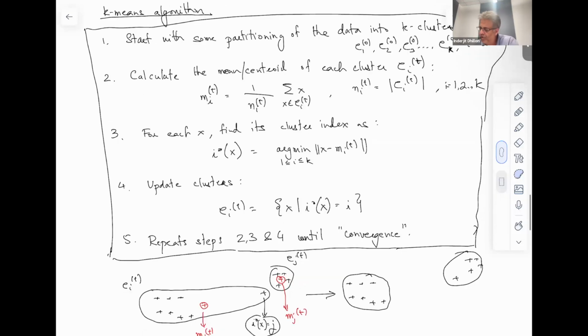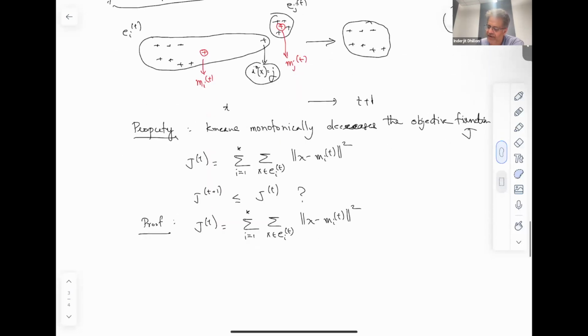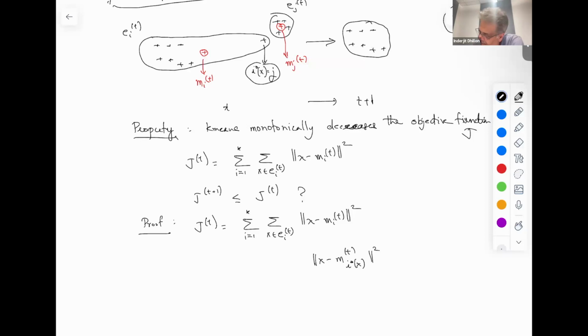So what you can then see is that if I do the same kind of thing, except I will change this x minus mi to be x minus mi star x, same ordering of points, summation of i equals 1 through k, summation of x belongs to ci t.